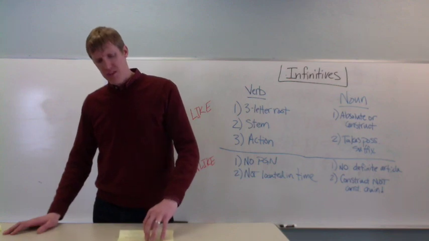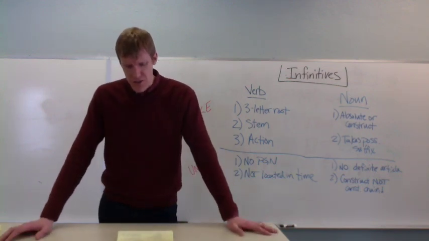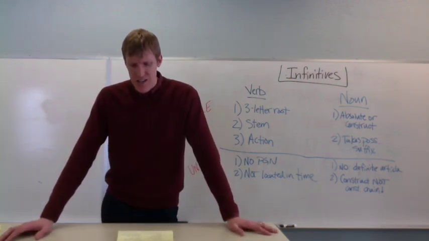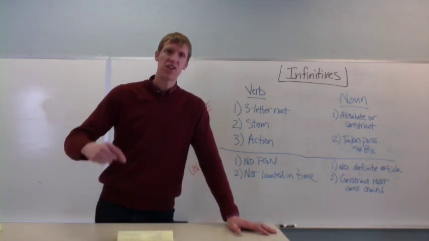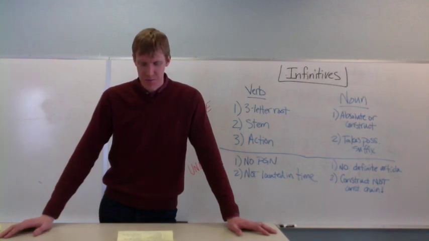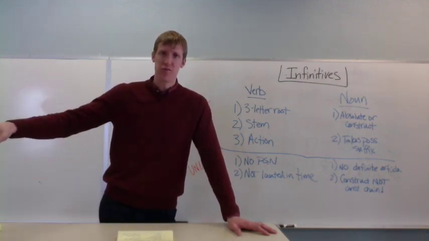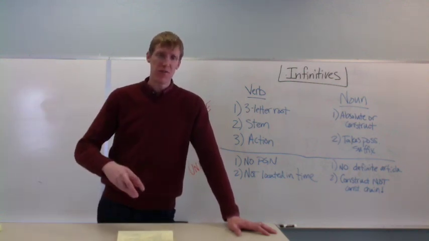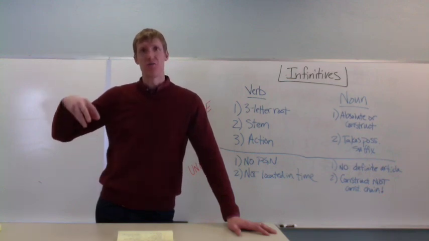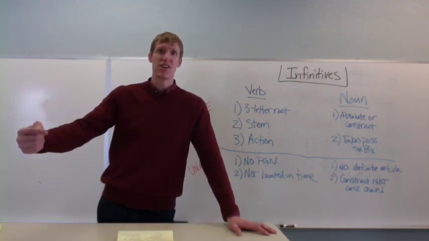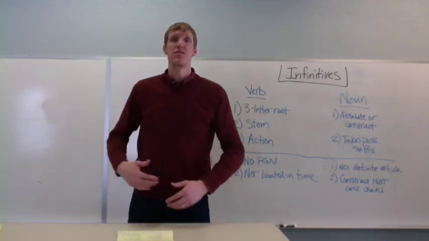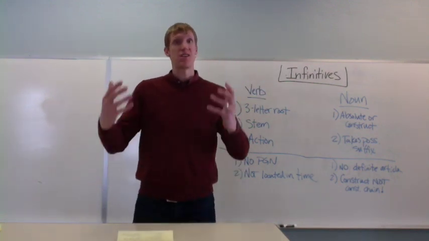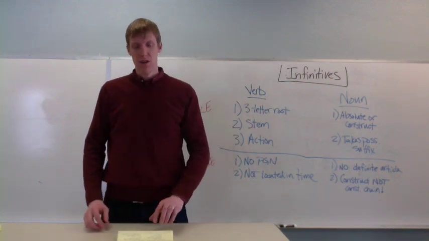So what's interesting about it, as I've alluded to, is that infinitives do not define certain actions in a specific location in time. Other verb forms, like the imperfect or the perfect, define the relationship between the action and time in a very specific way. It's either something that's about to happen, or it's something that has already happened, or it's something that is happening presently, right?